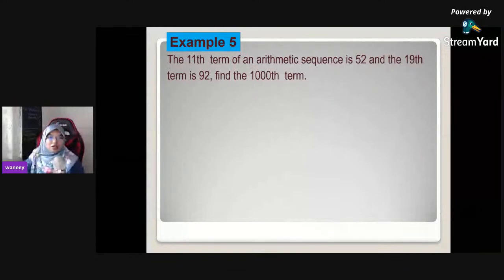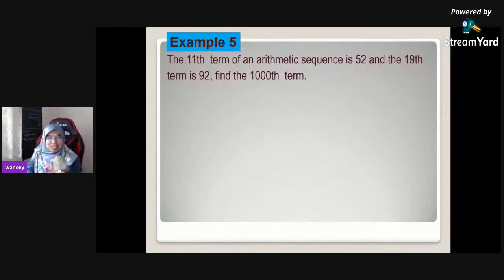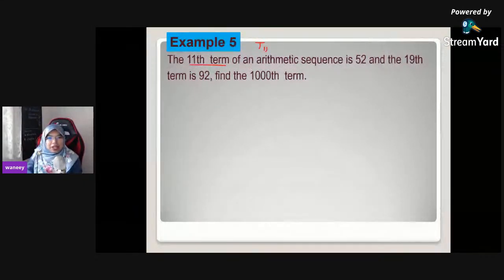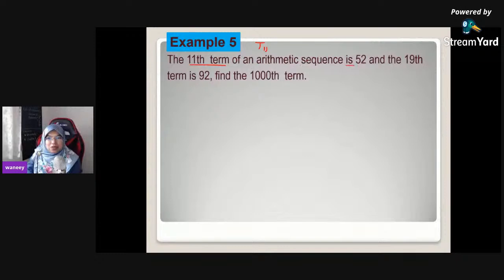Okay, so now the 11th term of an arithmetic sequence is 52. Make sure when you read the question, if this is a sentence question, read it one by one and then change it to mathematical formula. 11th term means T11 of an arithmetic sequence is 52, so this is equal to 52.